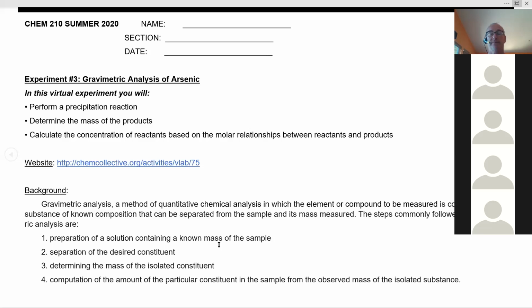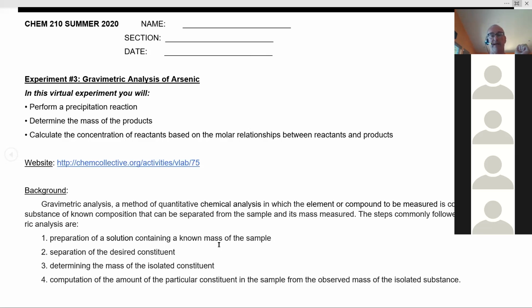It means we've taken two chemicals that are in solution, so they're dissolved in solution, and you mix them together and one of the products of the reaction falls out. It precipitates as a solid. And that's what we're going to be doing today.